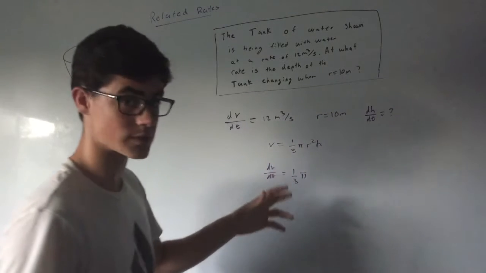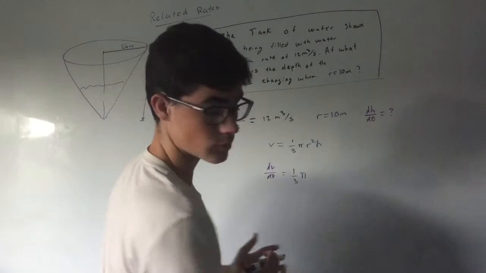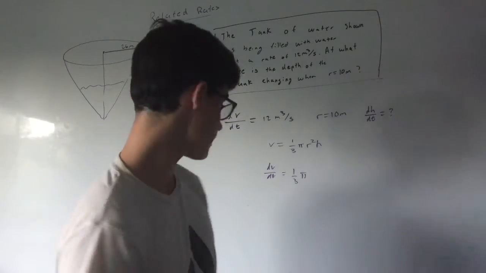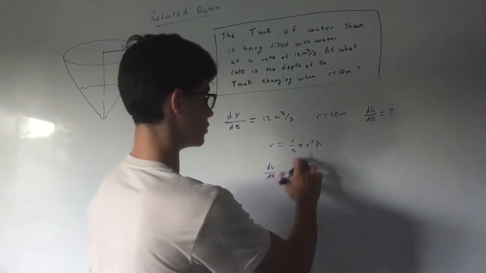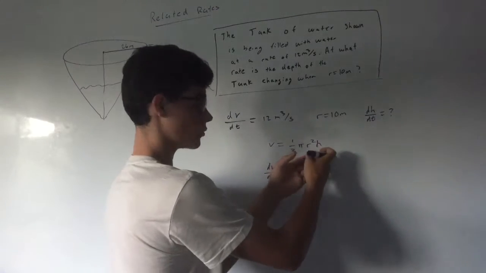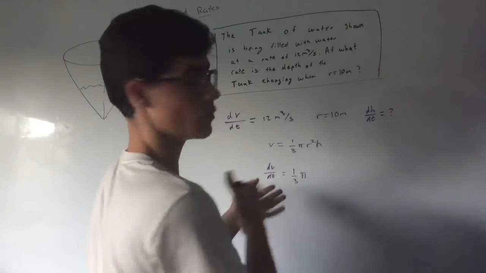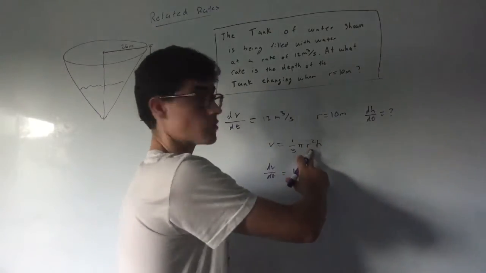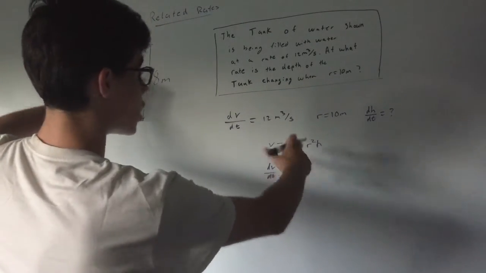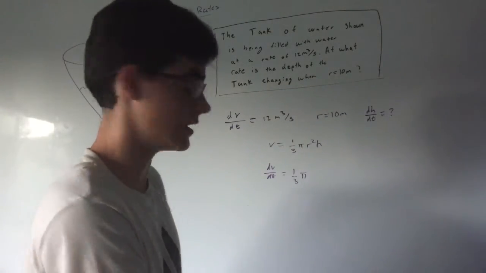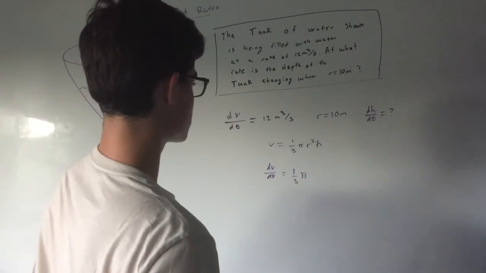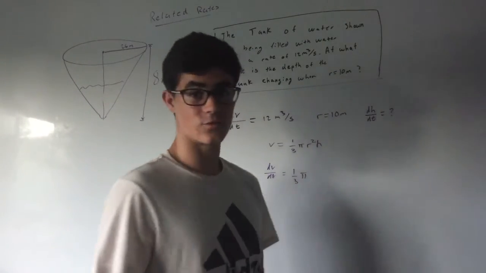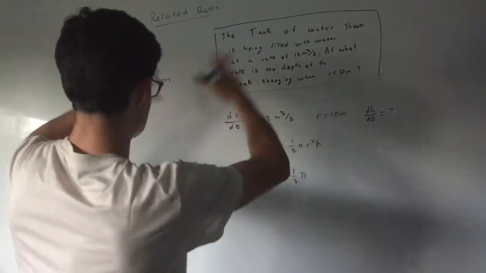Now this is where it gets tricky, because we were able to avoid differentiating 1/3 pi, since those are constants attached to a variable, so the derivative wouldn't have changed them. But we also have to treat r as a variable, right? Because as time is changing, r is also going to be changing in this problem. So we can't just assume that dr/dt is going to be 1, because it's not shown here.